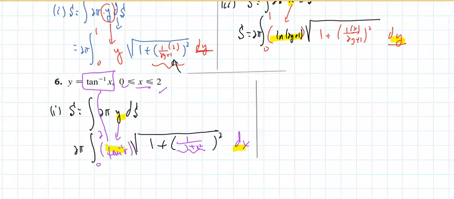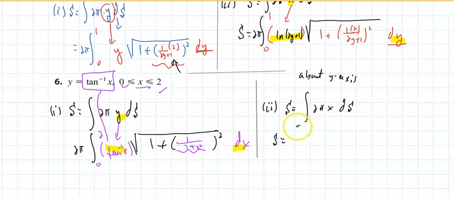And if I decided to do the same problem using 2 pi x ds, that is rotating about the y-axis, then guess what? If I did this problem already, I already know exactly how that works. I don't need to even think about it. I already decided dx is the way to go, irrelevant of whether you're rotating with respect to x or y.